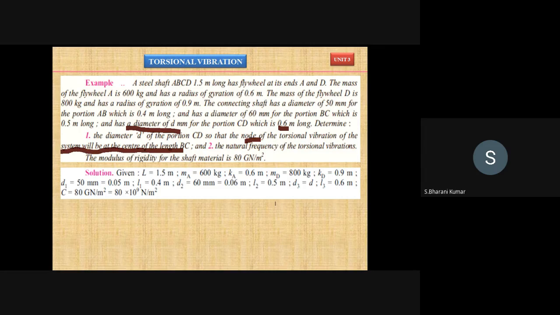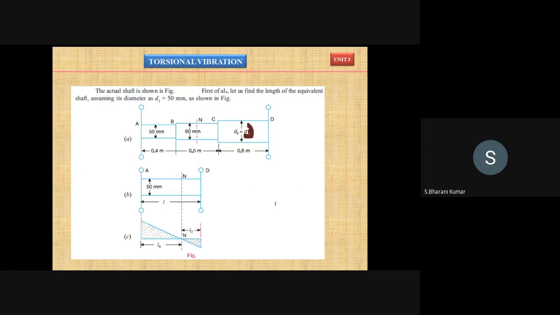Please go through the sum. Okay, I move on to the next slide now. Okay, this is a diagram.